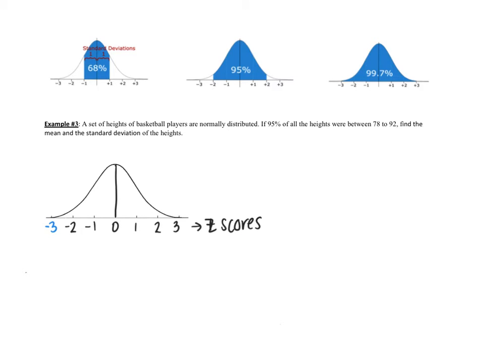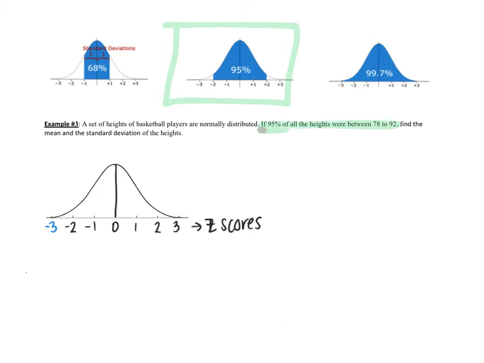And let's go ahead and put in our data values. They tell us the key information here that 95% of all of the heights were between 78 and 92. That 95 should ring a bell and draw your attention to this picture right here.